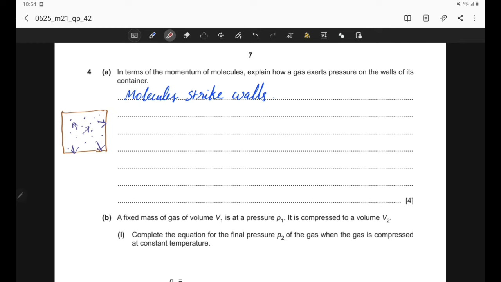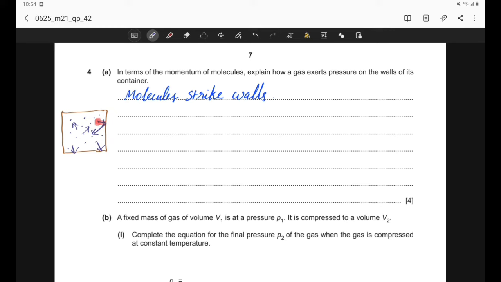Now let's look at the molecules. What will happen when they strike at the wall? So we can concentrate on one molecule. When it strikes the wall, it changes its direction. Even though its speed is the same, its direction has changed. As you can see, when the direction changes, the momentum of the particle will also change, as momentum is a vector quantity, so direction matters.